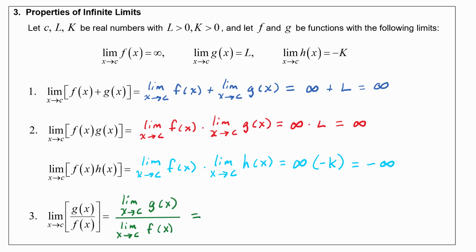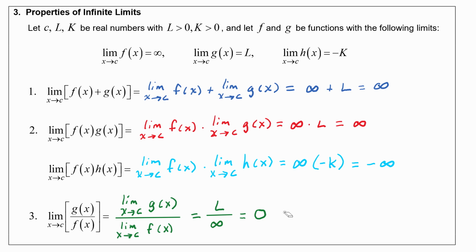Now, filling in these values, we know the limit as x approaches c of g of x is equal to L, over the limit as x approaches c of f of x, which is infinity, and any finite number divided by infinity is going to go right to 0.